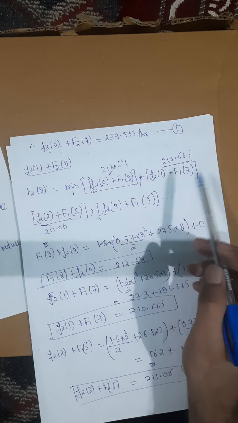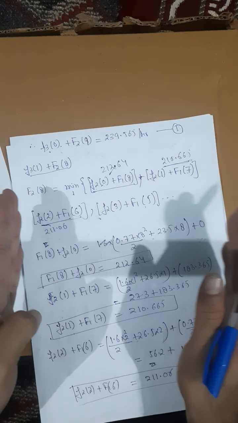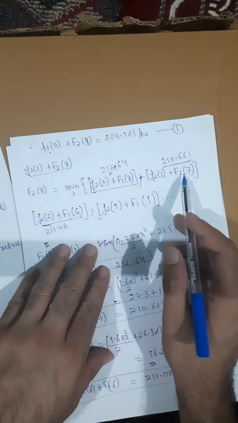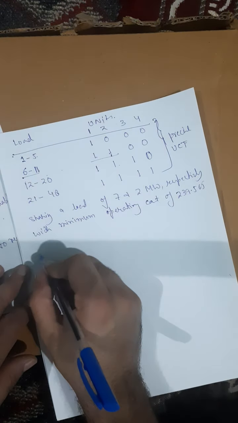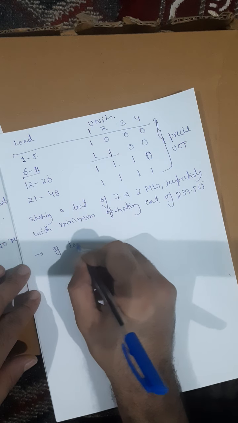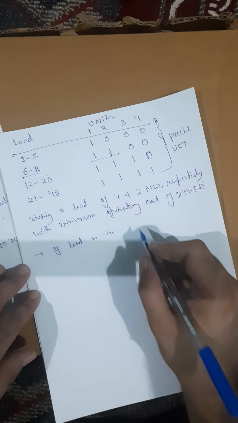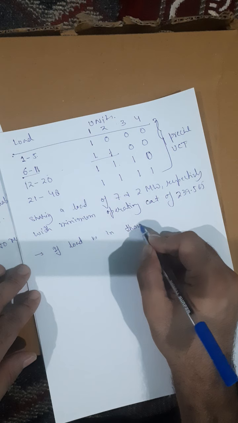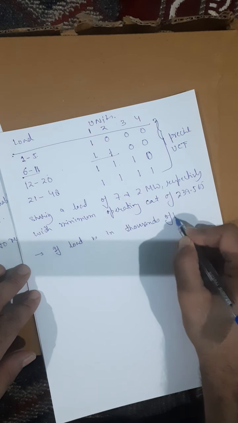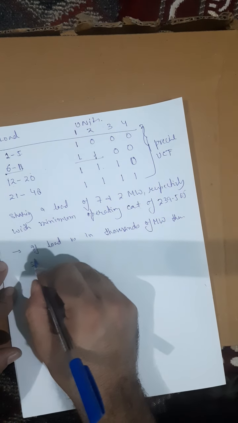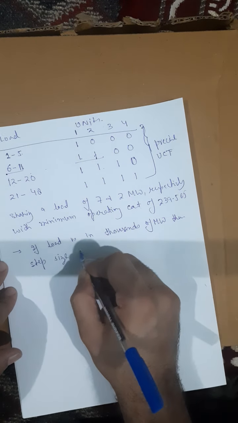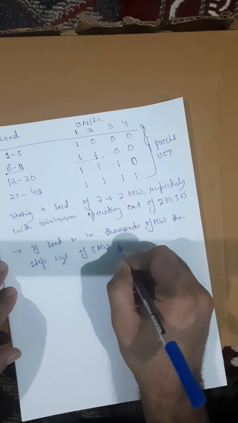Are you getting it? But as the step size increases, the accuracy will decrease. So if the load is in thousands of megawatts, a step size of 5 megawatt is chosen.